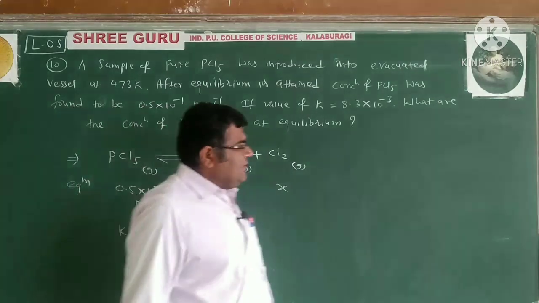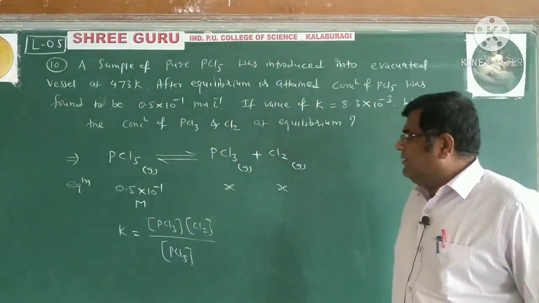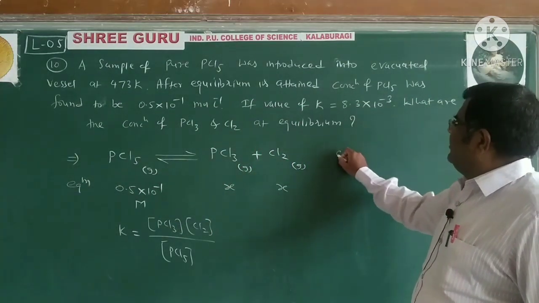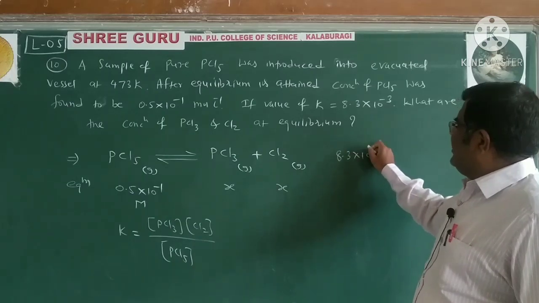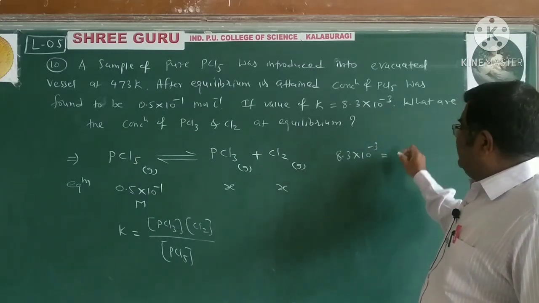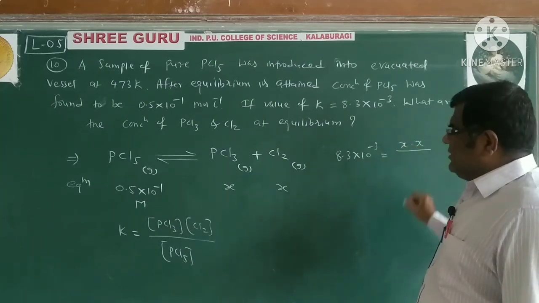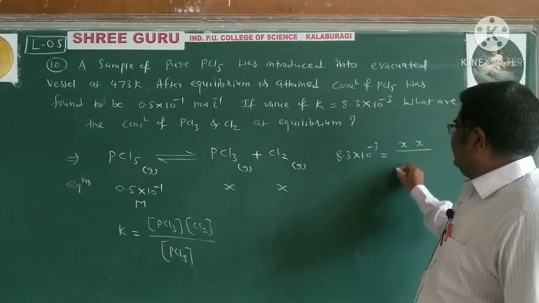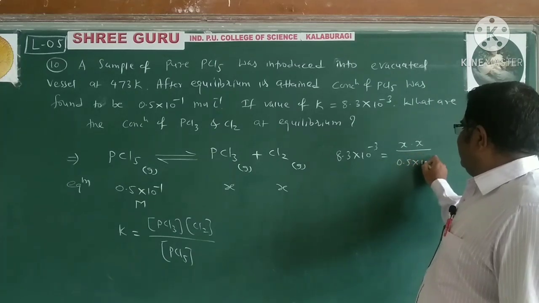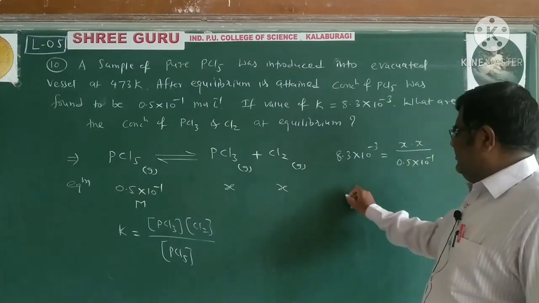So we can rewrite this equation as K is 8.3 into 10 raised to minus 3. Concentration of PCl3 is X. That of Cl2 is also X. And this is 0.5 into 10 raised to minus 1.